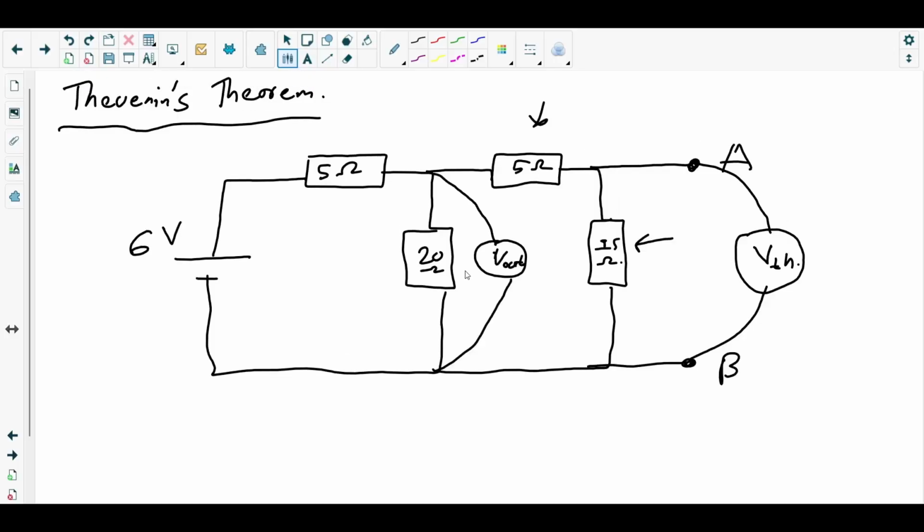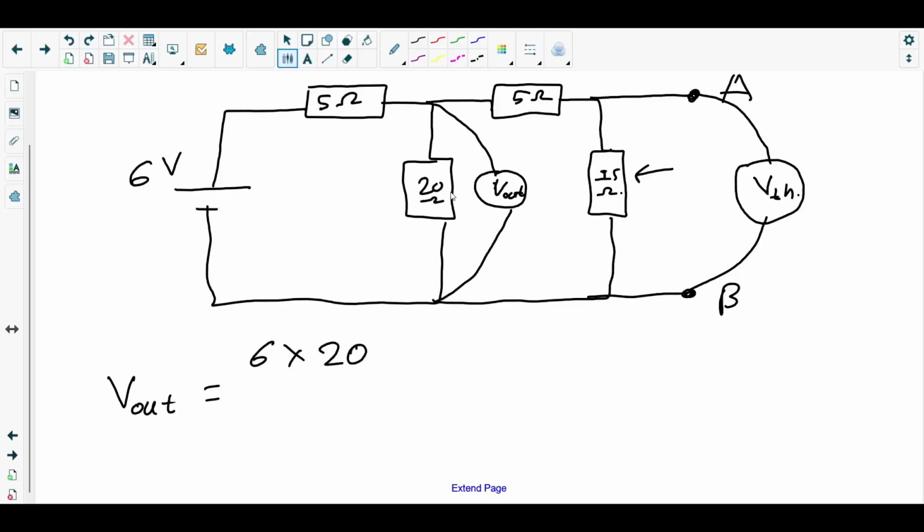So potential divider circuit equation, V out equals the EMF 6 volt times the resistor across which we are considering the output voltage. So this is 20. Is it 20? Not actually, because this PD is across this whole left section.